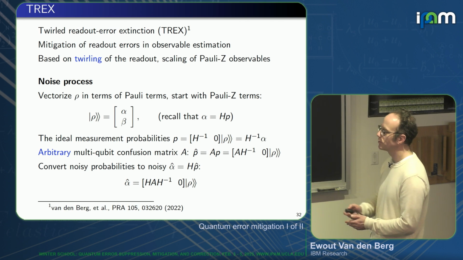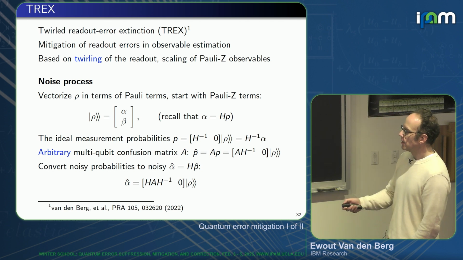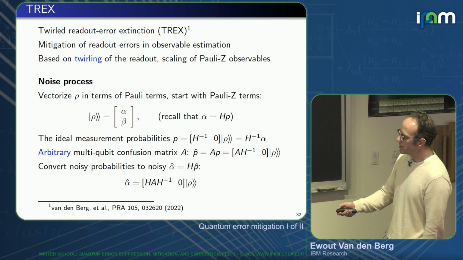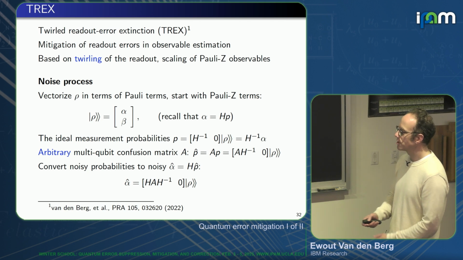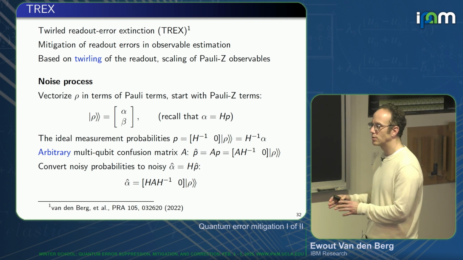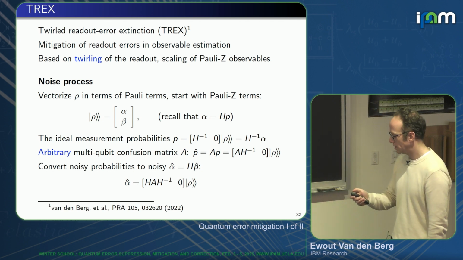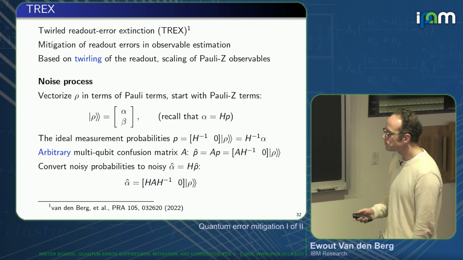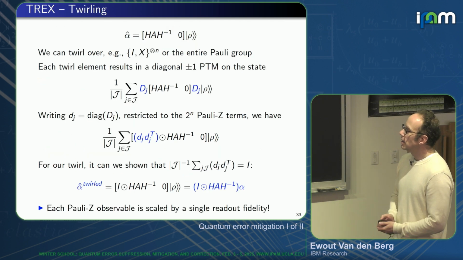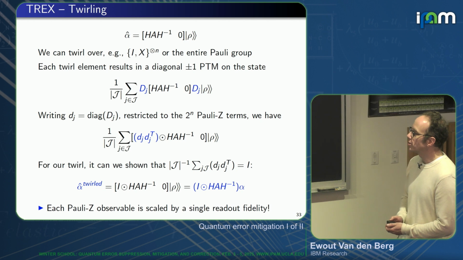So we just apply the inverse Hadamard. So that means that alpha hat is H inverse times P hat, if you like, or the Pauli coefficients of the density matrix as a vector. Okay, so that's the model.